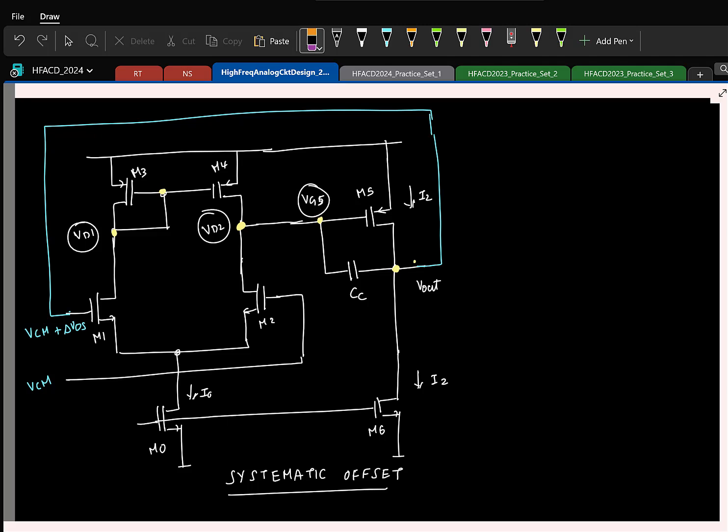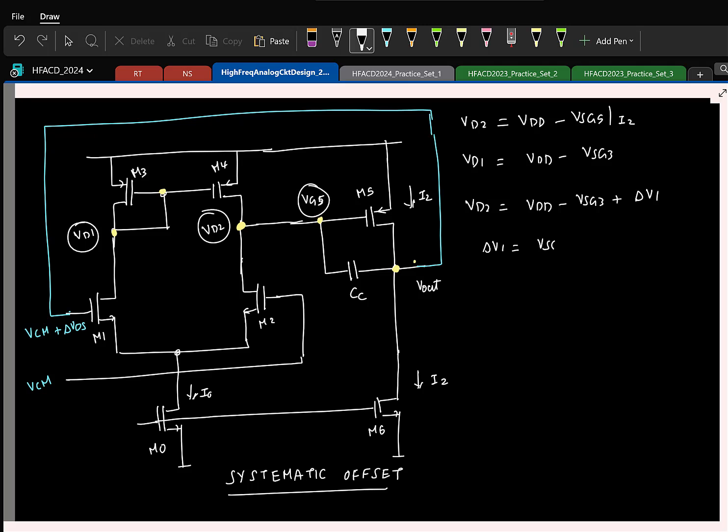See, I know that the negative feedback is setting the drain voltage VD2 to be VDD minus VSG5 at a current I2. The other drain voltage is at VDD minus some VSG3. Okay. Now I can basically write my VD2 as the nominal value plus some delta V1, right? Where delta V1 is VSG3 minus VSG5. Okay, I'm not writing the currents for simplicity.